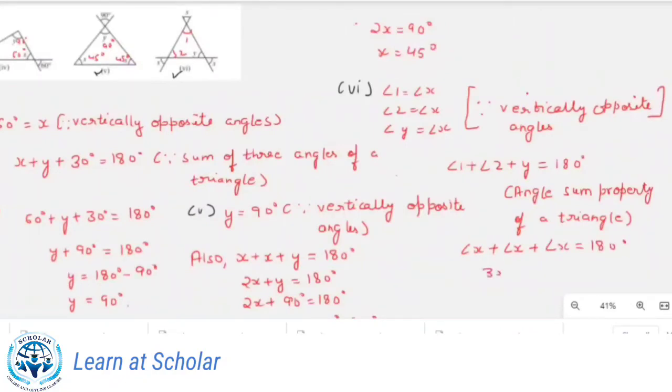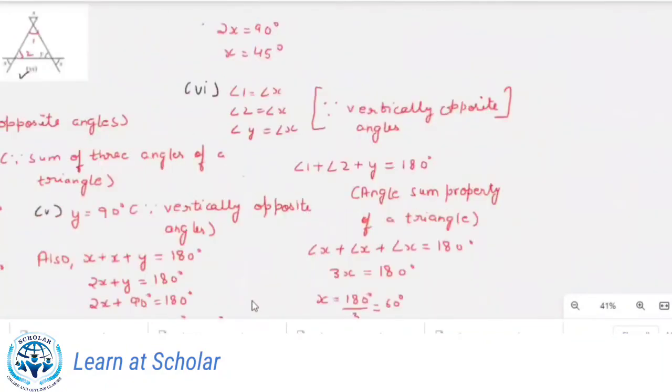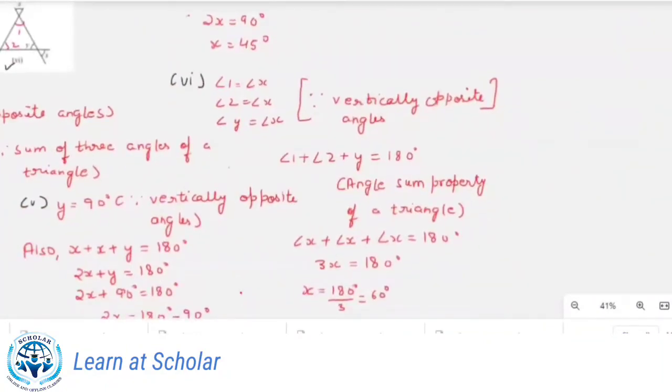Angle 1 is equal to angle x, so we can put the value of angle 1 and angle 2 and we can find out the value of x, as angle 1 is equal to x and angle 2 is equal to x. So the value of x will be equal to 60 degree. So angle 1 is 60, angle 2 is 60 and angle y is also 60. That means all the three angles are equal. That means all the three sides are also equal. The triangle is an equilateral triangle.